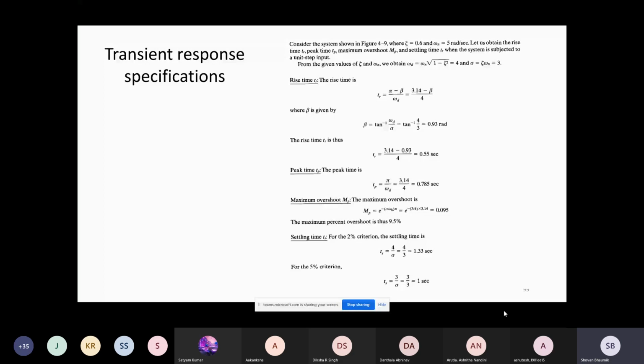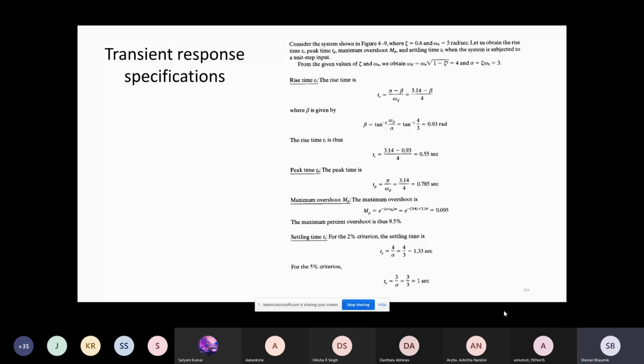So pi is 3.14 minus 0.93, divided by 4, which is omega d, and you will see that TR is 0.55 second. Now the peak time: Tp is pi by omega d. Pi value is 3.14 and omega d is 4, so 3.14 divided by 4 comes to 0.785 second.